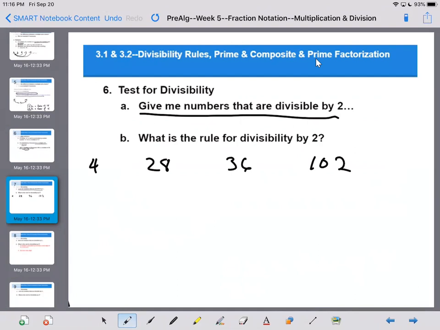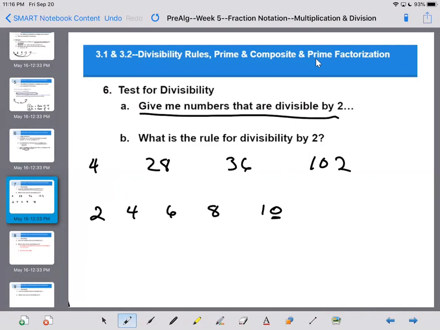So we know 2 is divisible by 2. We know 4, we know 6, and 8. And now we're getting into the two digits. So we look at the number 10. Well, 10 has a 0 in the ones place, but we also know that 2 times 5 is 10, so we know 2 will divide 10.